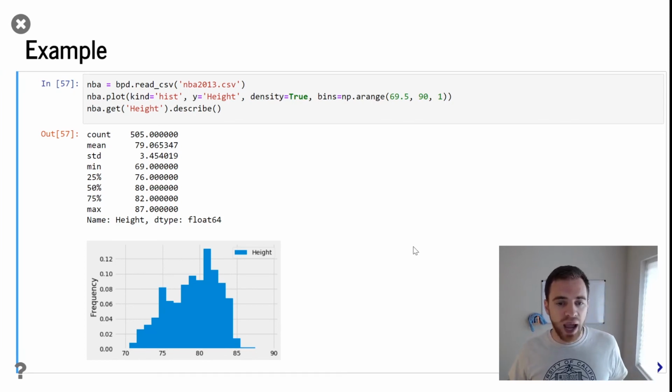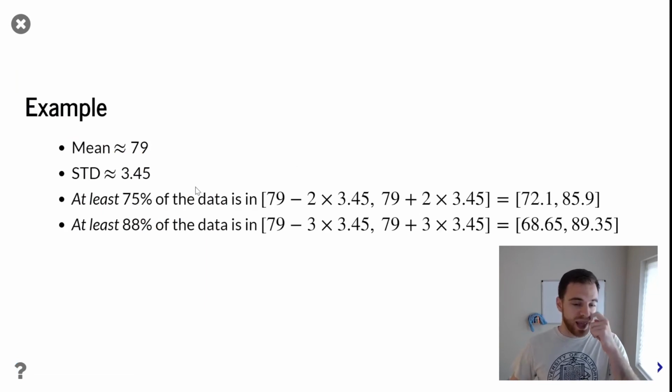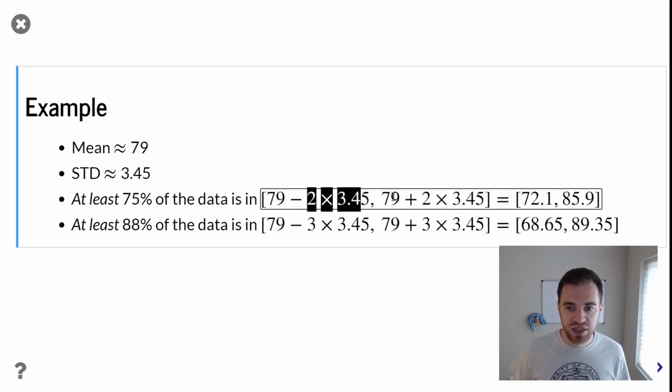So I can use Chebyshev's inequality to tell me something about how many players lie within a certain band around the mean. The standard deviation here is 3.45 inches. The mean is 79 inches. So at least 75% of the data is within this interval. So I take 79 minus 2 standard deviations, 79 plus 2 standard deviations.